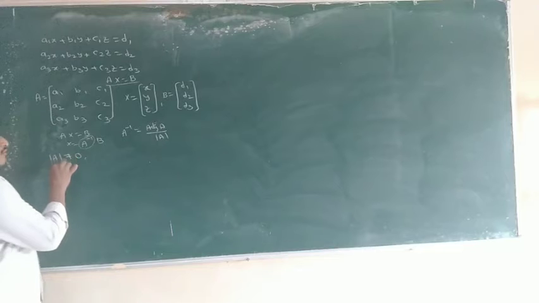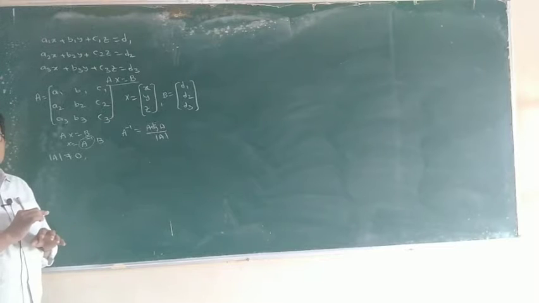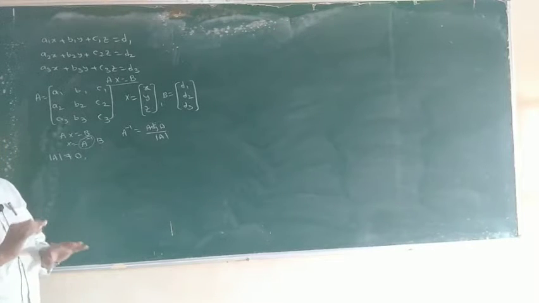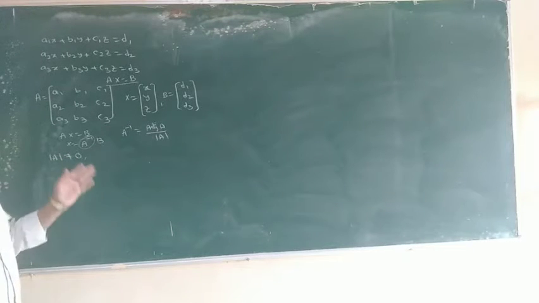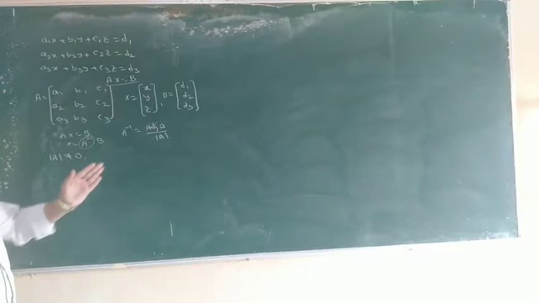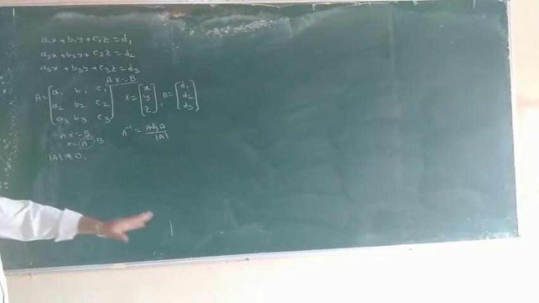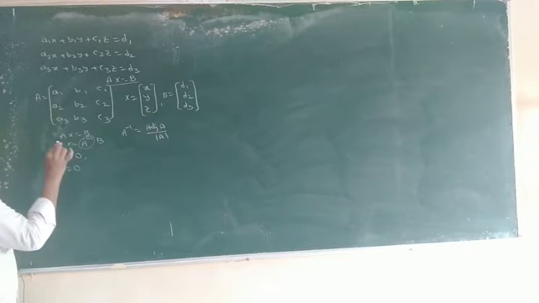If determinant of A is equal to 0, the inverse of the matrix does not exist. So determinant not equal to 0 means consistent, unique solution, and the inverse also exists.